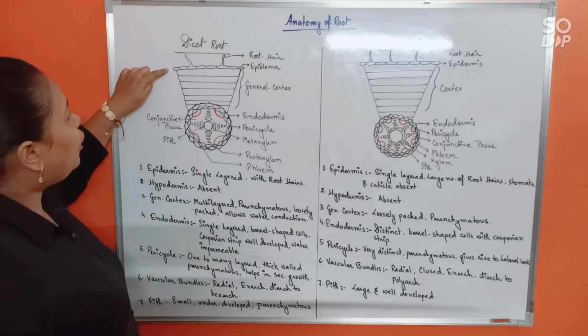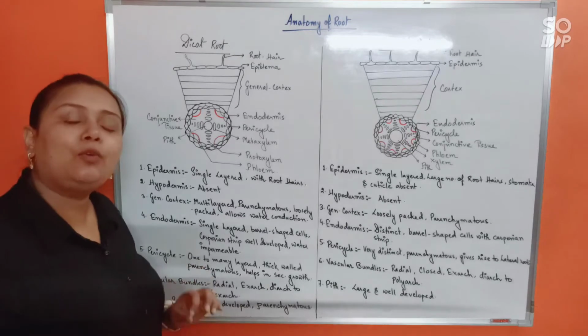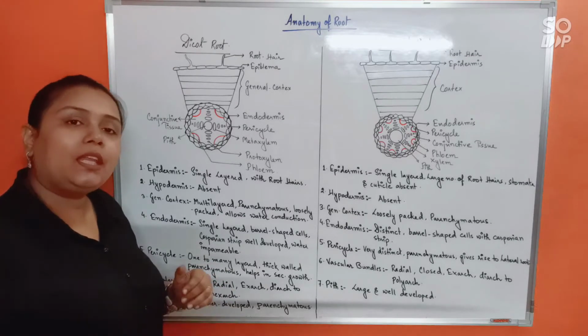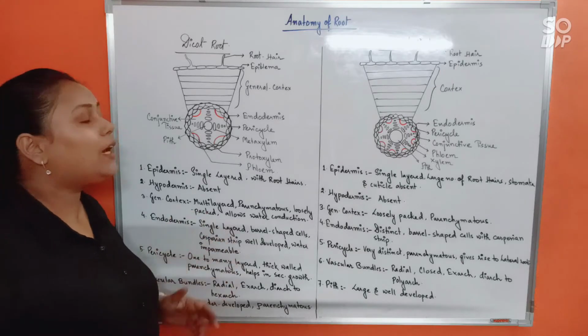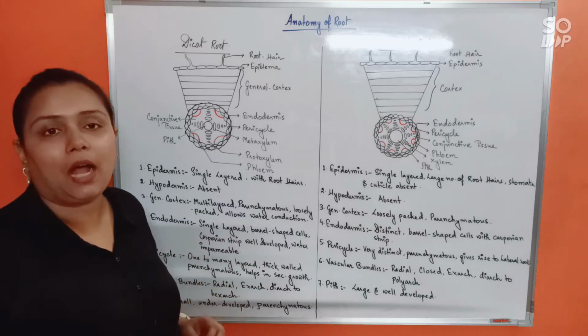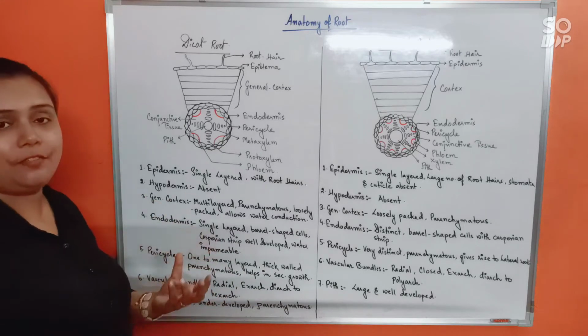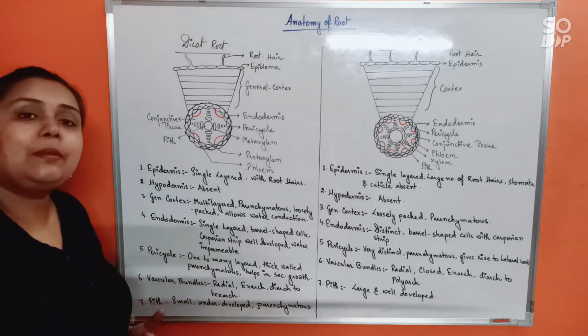See, the dicot root begins with the outermost layer, that is the epidermis. In case of roots, we can also call it epiblema to differentiate it from the stem. For easy differentiation, we can also call it epiblema.